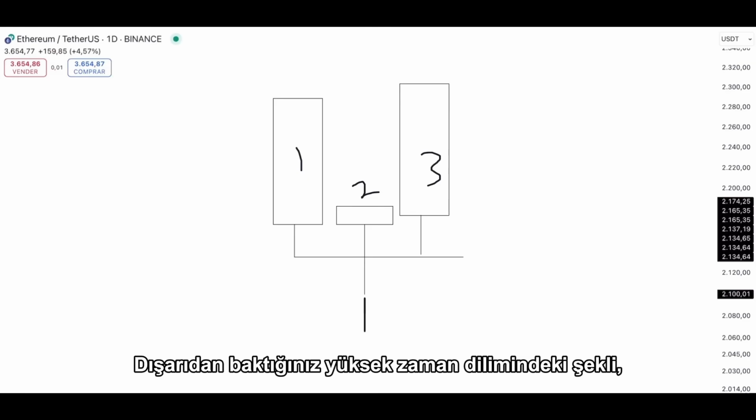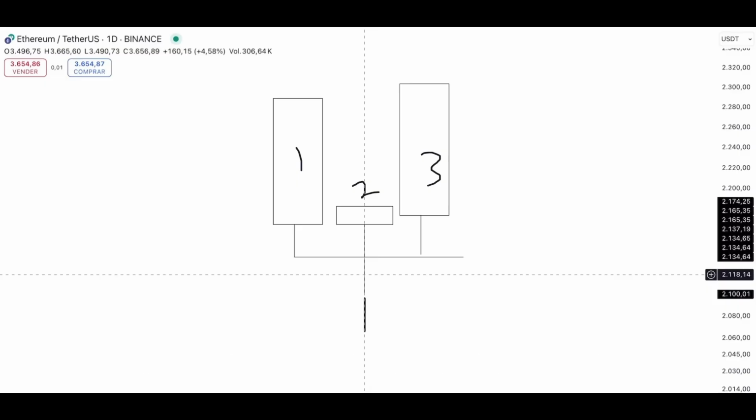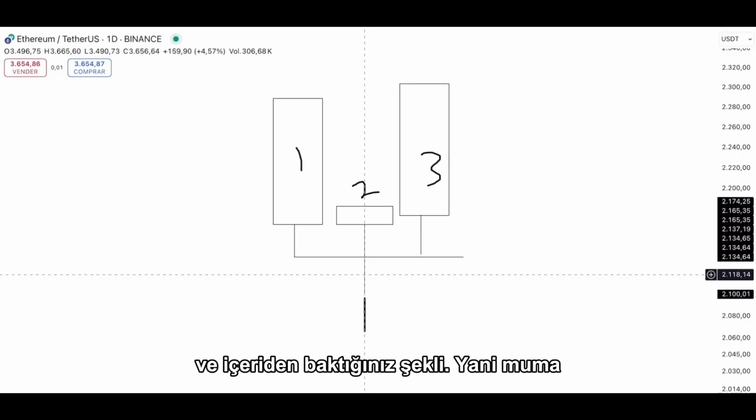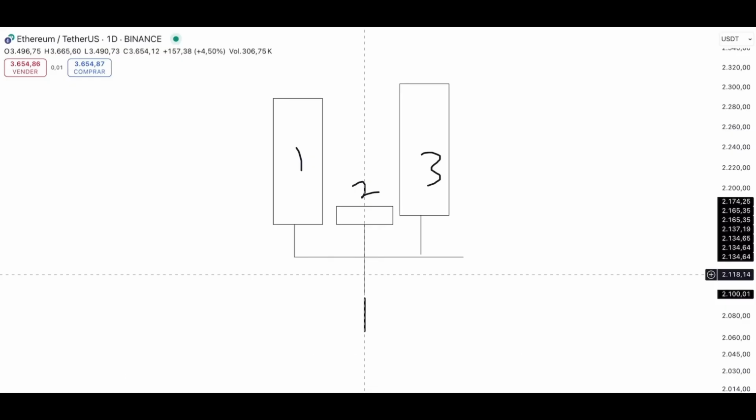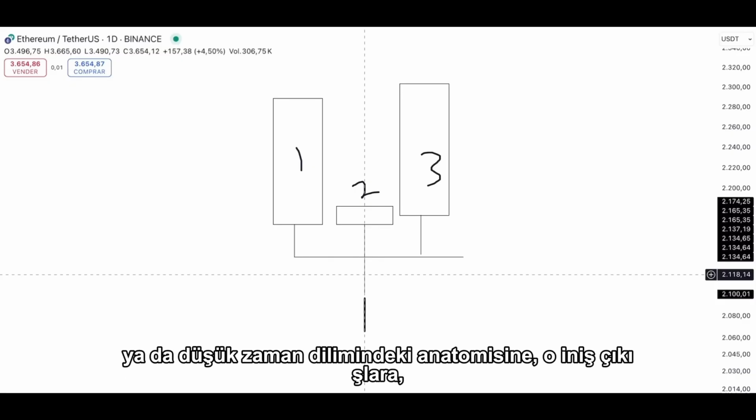From the outside, the higher time frame candle, and the inside. So you can look at the shape of the higher time frame candle, and you can look at the lower time frame anatomy and the up and down, right?